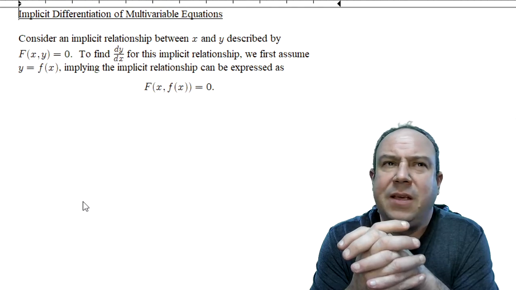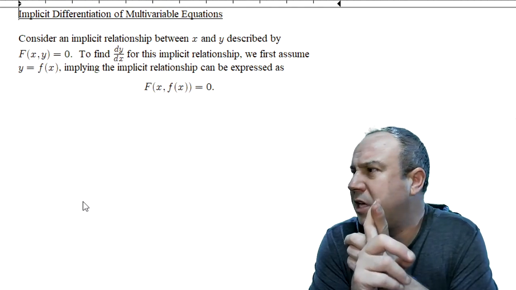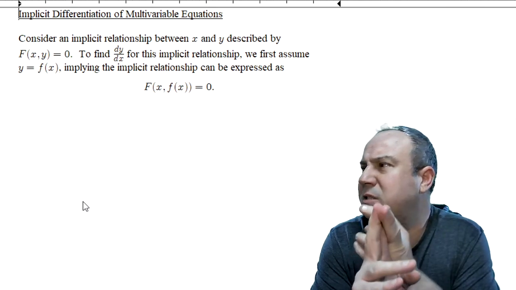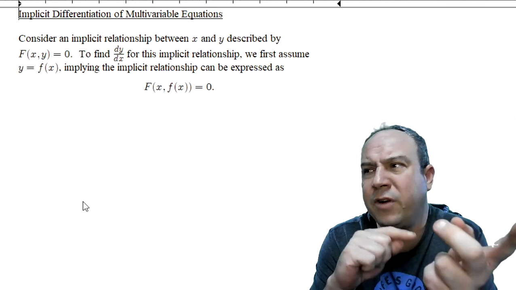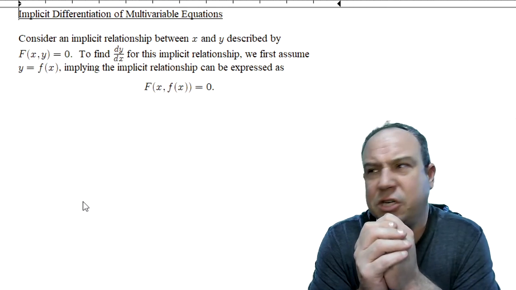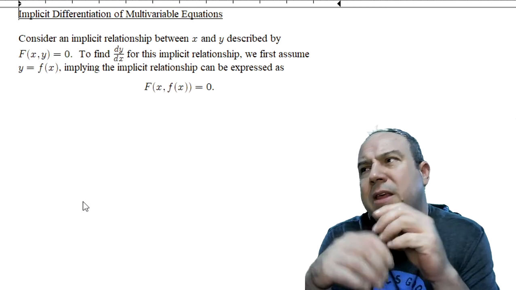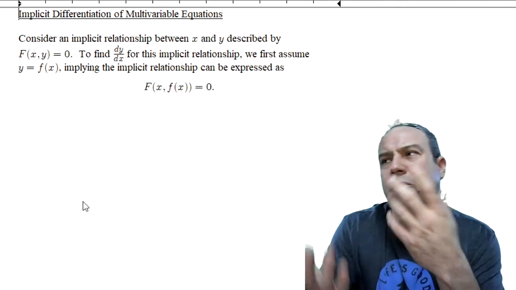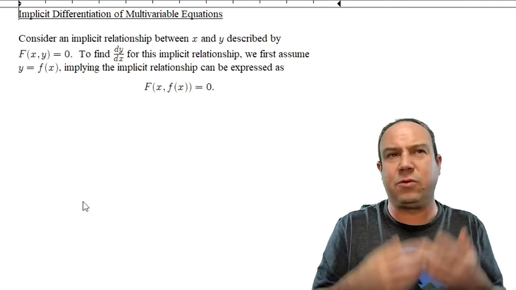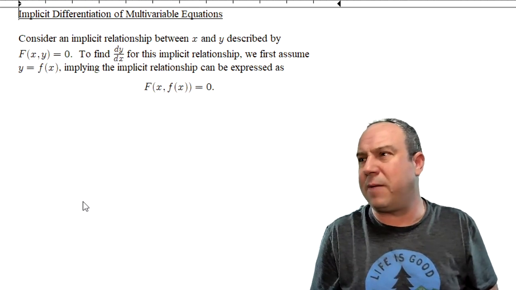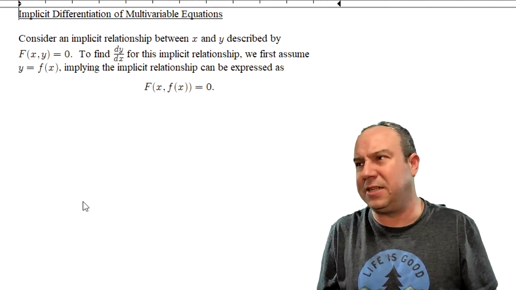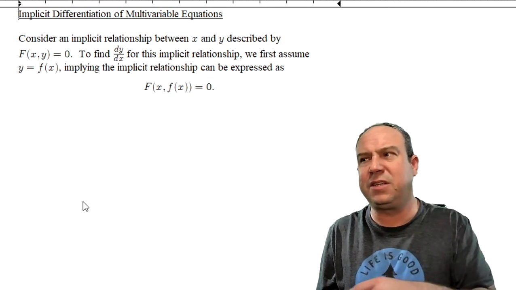It's not explicitly a functional relationship, and it can't necessarily be expressed as one where one variable depends upon the other functionally. We do have a relationship between x and y, certainly described by some equation, but it's not explicit. It doesn't tell you one variable explicitly in terms of another.